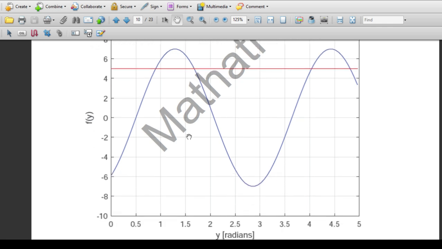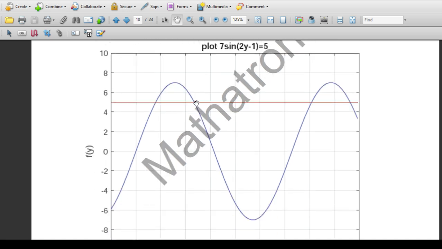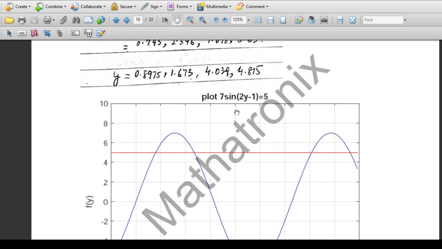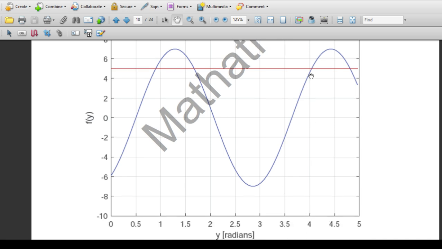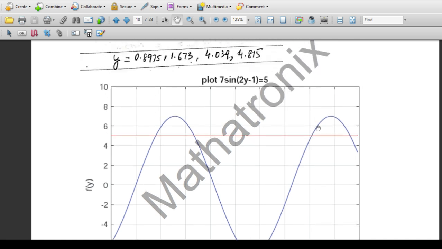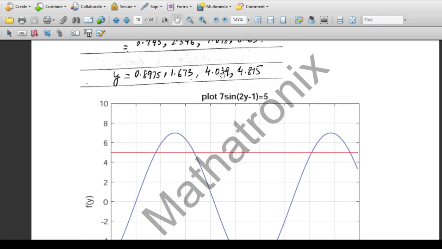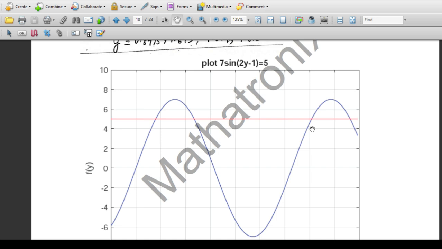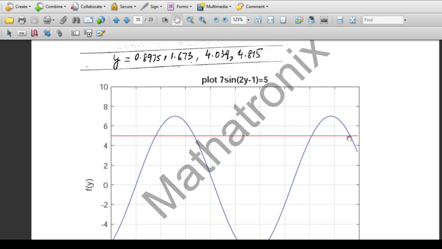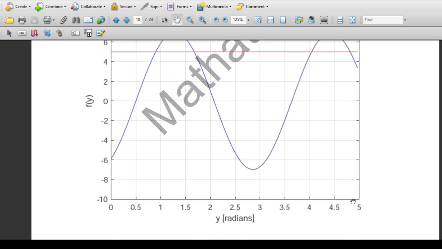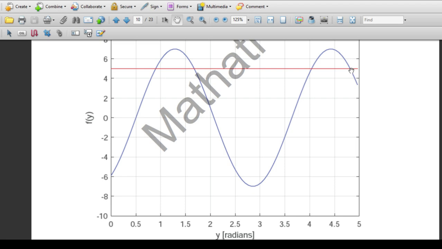At this value, this is 1.5, we can see this is 1.673, and similarly this is 4, so this is 4.039. Similarly, this part is 4.815, so this is 4.815. So here we have 1, 2, 3 and 4.